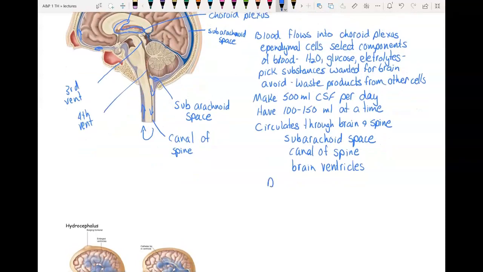Then it drains through those arachnoid villi into a dural venous sinus. And this is also draining blood. So now the fluid is returned to the blood.